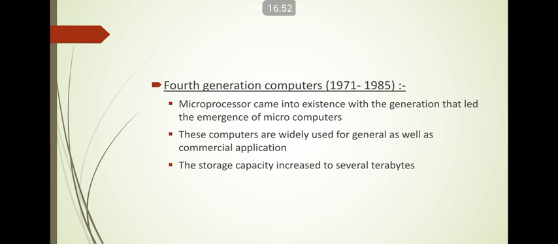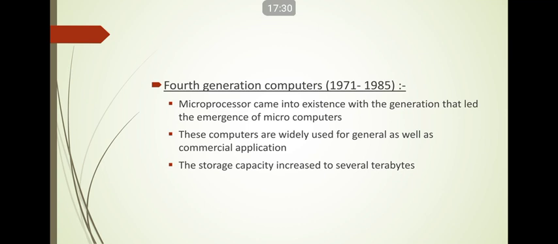This microcomputer is the most commonly used computer. That also we will study in detail in the next topic. These computers are widely used for general as well as commercial applications. What does it mean? General means common people started using these kinds of computers as we are using nowadays, and commercial means in shops also, or the persons who are doing business or related to that, everybody started using these kinds of computers because they were easy to handle.